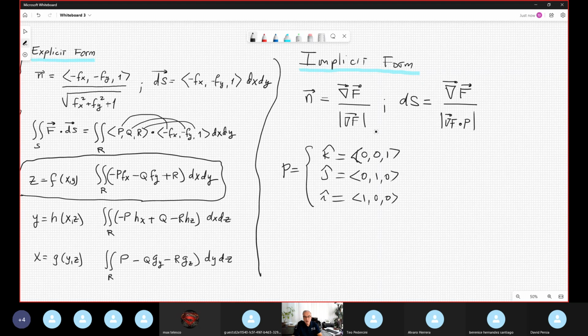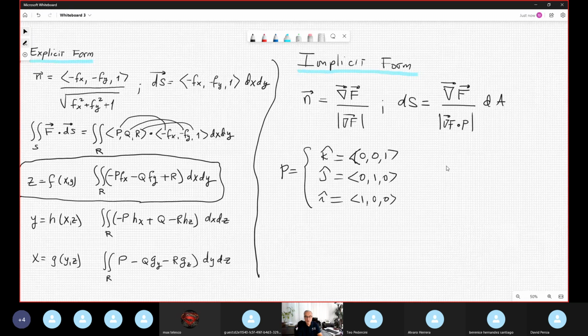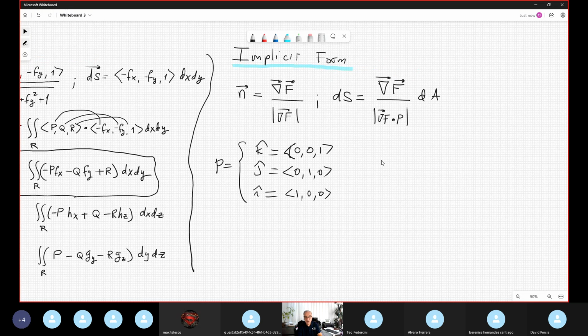Depending on the unit vector you select, you have here dA, because this is a transformation from the surface integral to a double integral. Suppose it's a vector, guys, because that part is vector, that part is scalar, and this part is scalar.